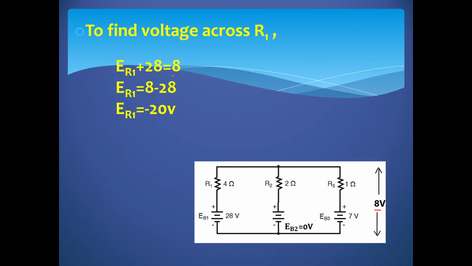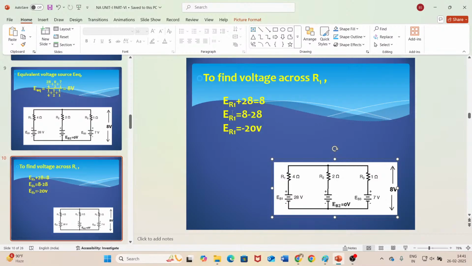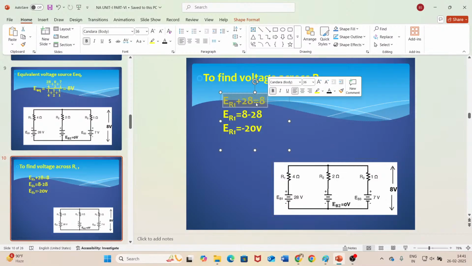So 8 is equal to the sum of the voltages in this branch, EB1 plus ER1. What is the EB1 value? 28 volts. EB1 value is 28 volts, that I didn't write here. If you want, you can write it there. I can write one more term here, I will write it so that it will be clearer to you.